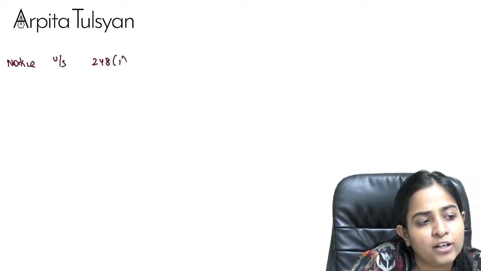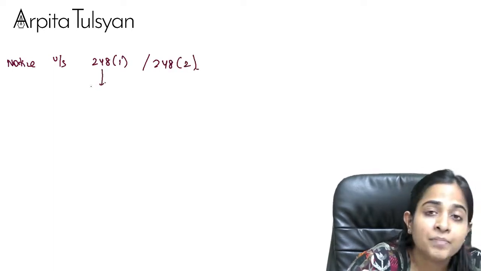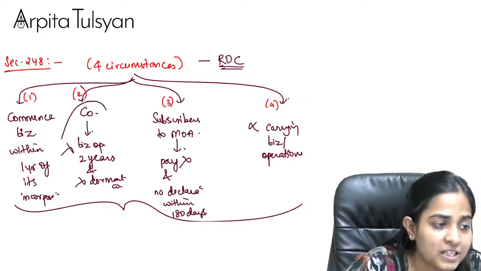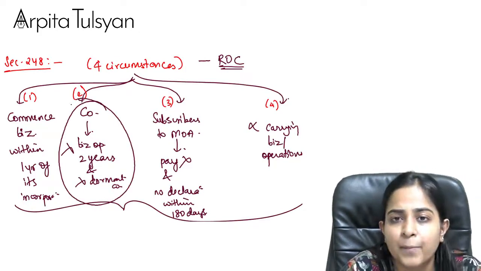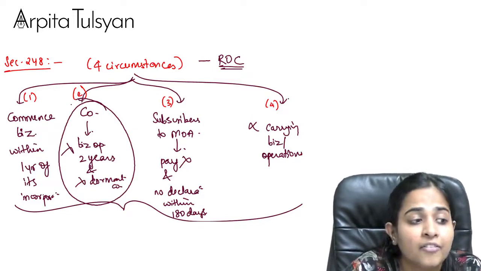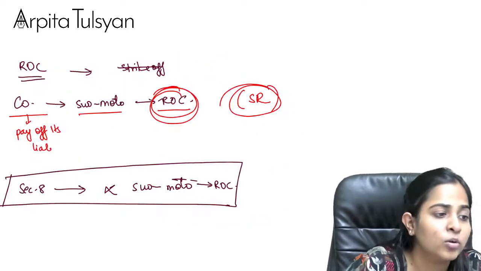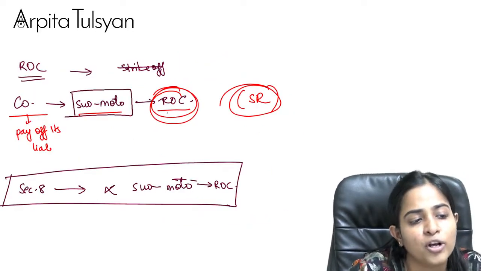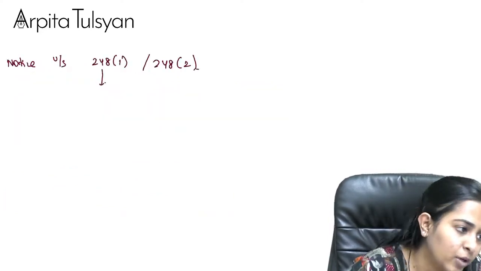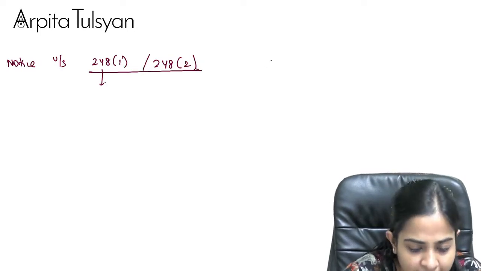The notice under both sections: notice under section 248(1) and notice under section 248(2). 248(1) means, remember, in the second point we had given a notice to the company to submit representations within 30 days on why it didn't apply for the status of a dormant company. And in 248(2), when the company went for a suo moto application, the ROC gave a public notice. So these notices should be published in the official gazette for public information.